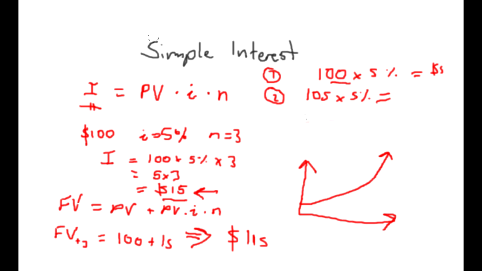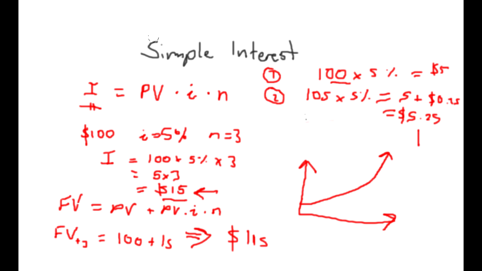So in year 2, our interest earned is actually going to be the $5 interest off the 100 plus 5% of $5 would be 25 cents. So our actual interest that we earned in year 2 would be $5.25.